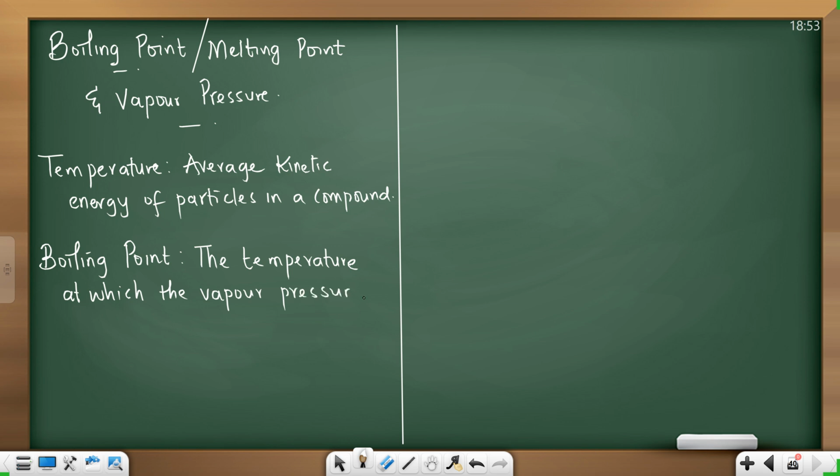I'll explain vapor pressure as well. Please don't write that atmospheric pressure is equal to vapor pressure. You'll be wrong. It is the vapor pressure that rises and becomes equal to the atmospheric pressure.